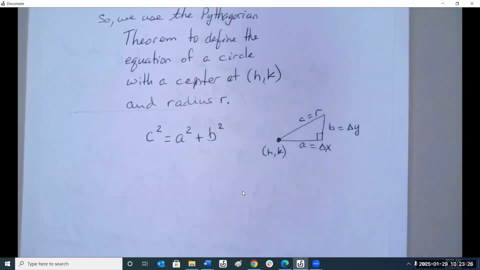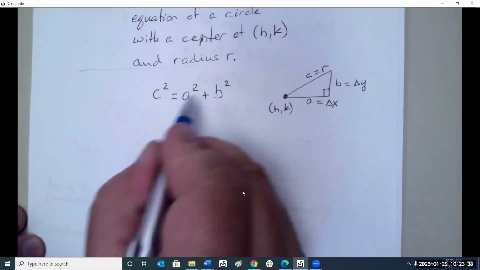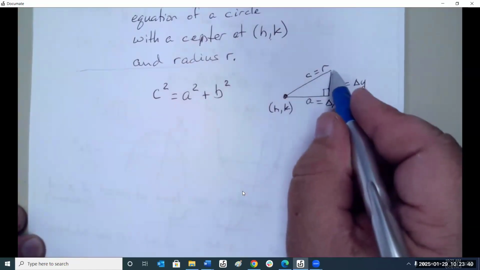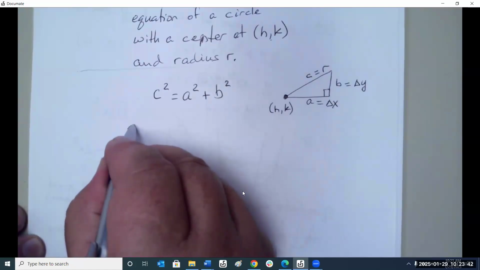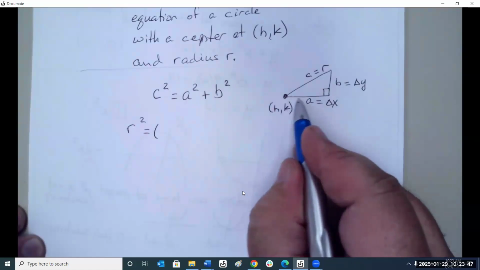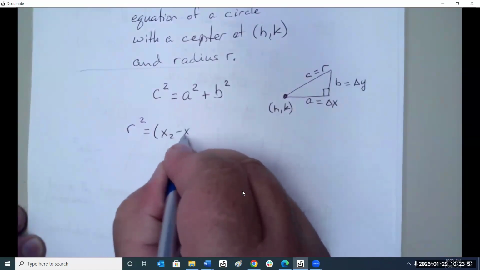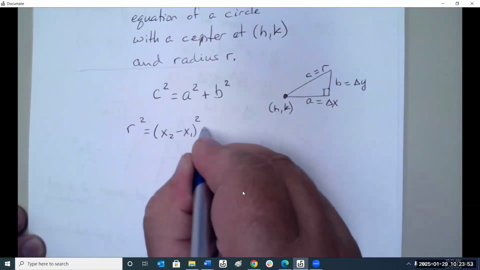The radius. So let's fill this in now. Here's the Pythagorean theorem. The hypotenuse is the radius, so it's r squared. A is the change of x, which is (x2 minus x1) squared.